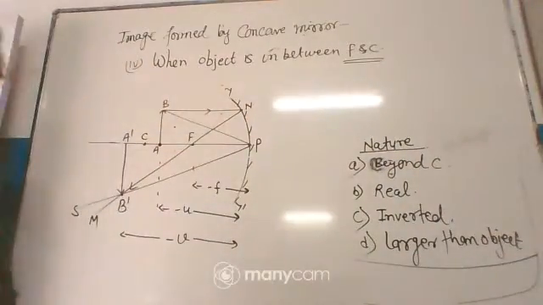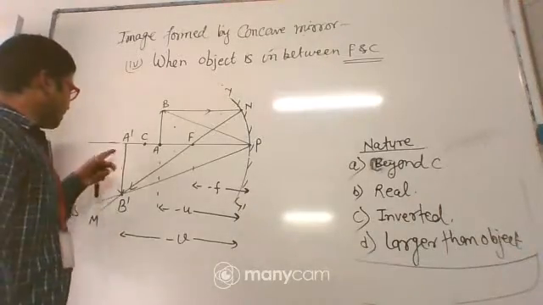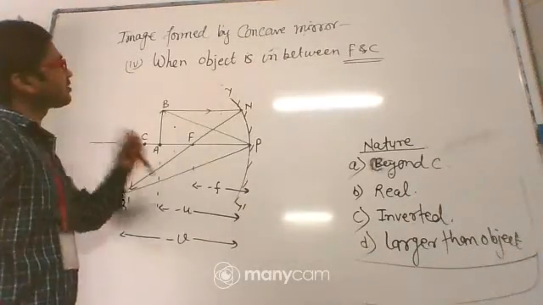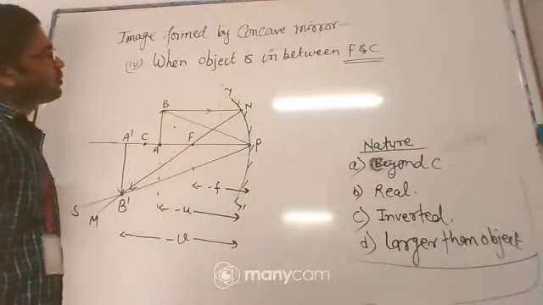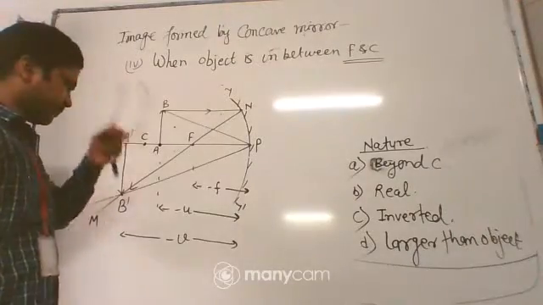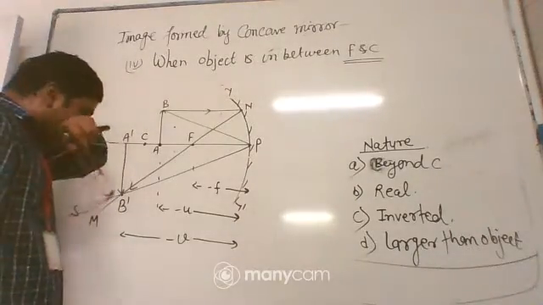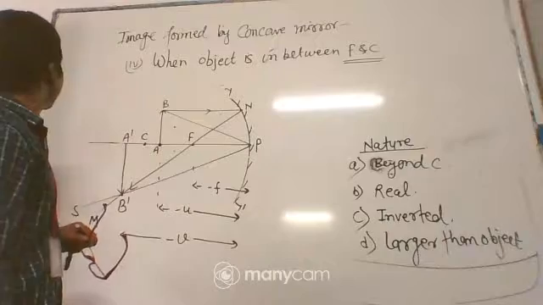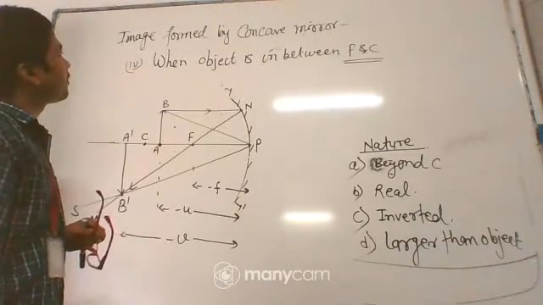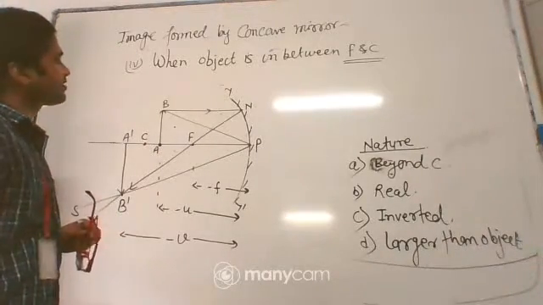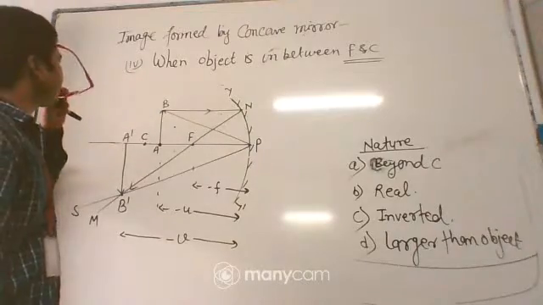These are the four natures of the image A dash B dash formed in this case when the object is in between F and C. I hope you understand the image formation by the concave mirror in different cases. This was the fourth case.